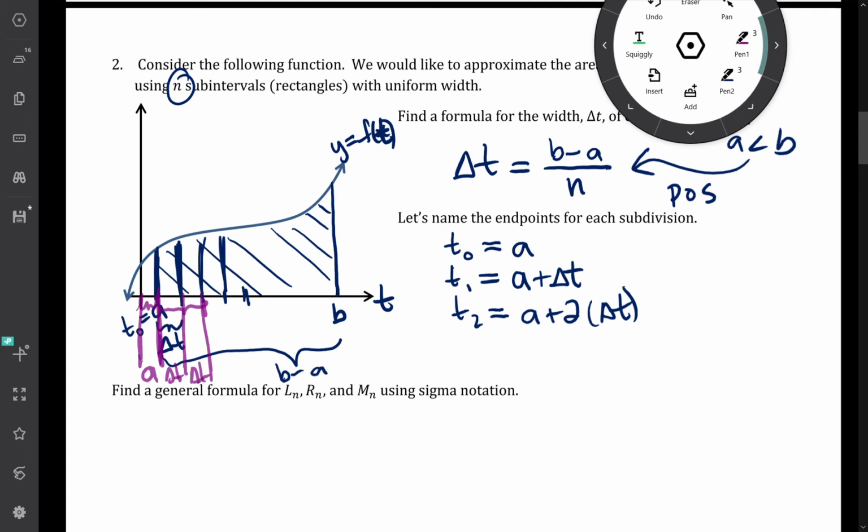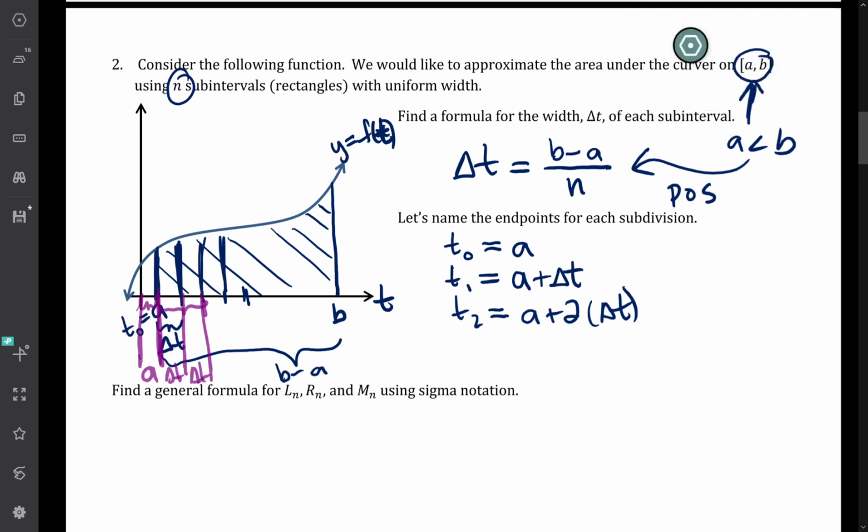So we started at a, we've now added 2 delta t's, and this is going to continue. So our last one should be called t sub n. If for t sub 2 we needed 2 delta t's, and for t sub 3 we needed 3 delta t's, then for t sub n we need n delta t's.